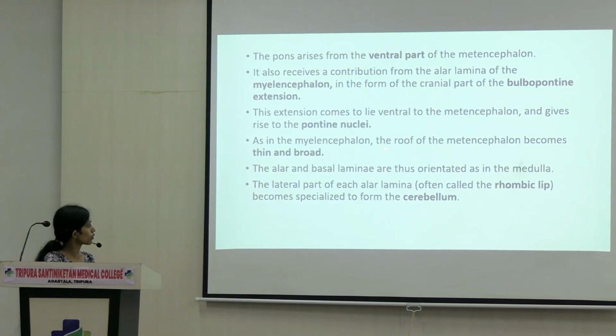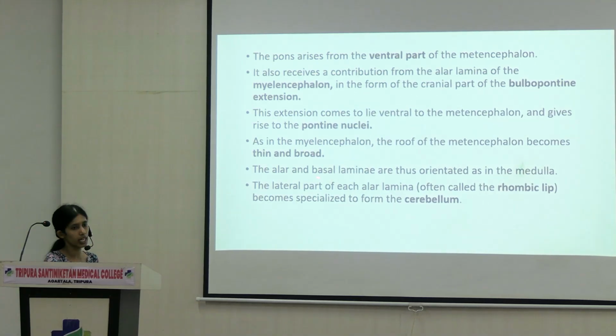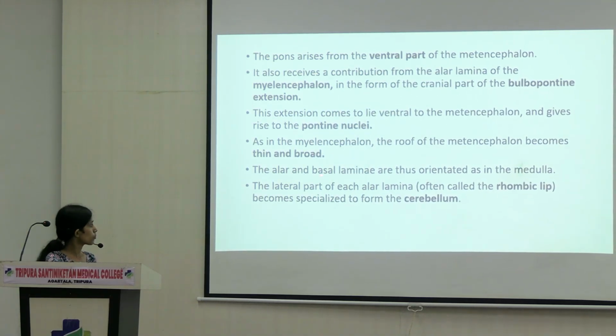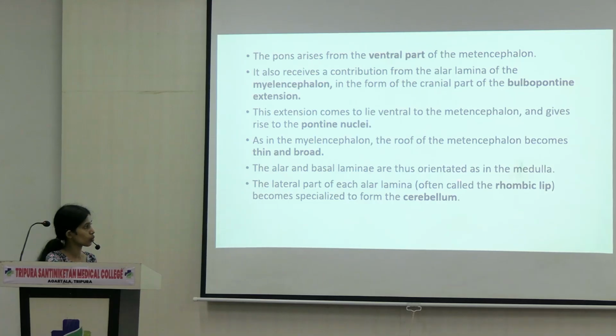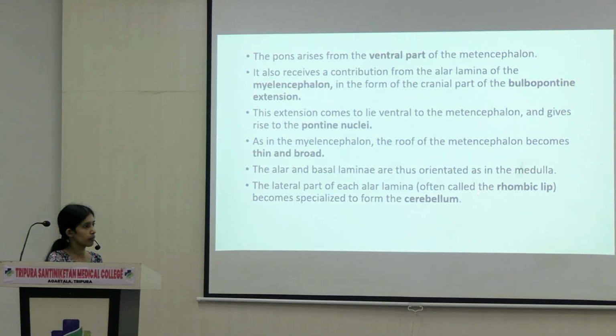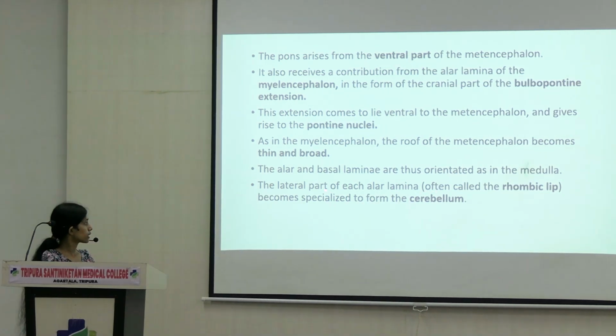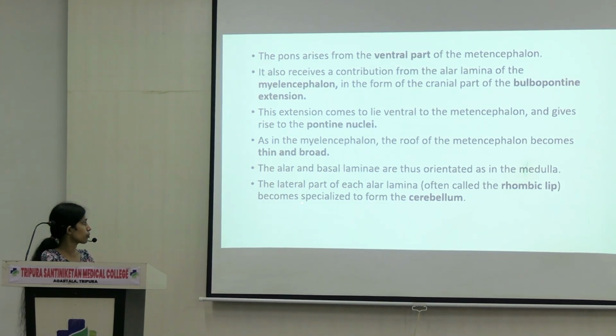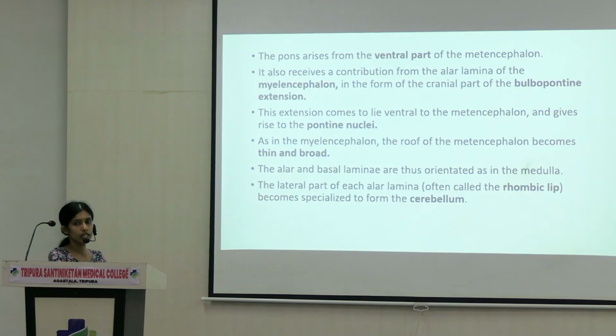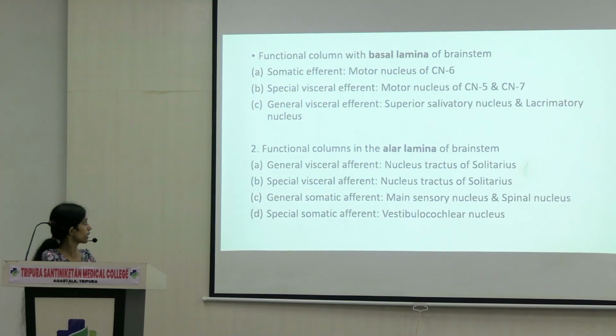As in the myelencephalon, the roof of the metencephalon becomes thin and broad. The alar lamina and basal lamina are thus oriented similar to your medulla oblongata part. The lateral part of each alar lamina becomes specialized to form the cerebellum. This part I will discuss later.